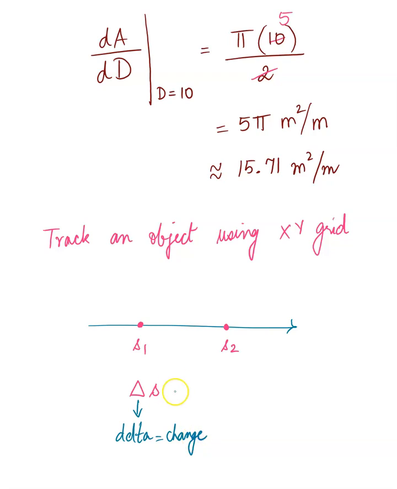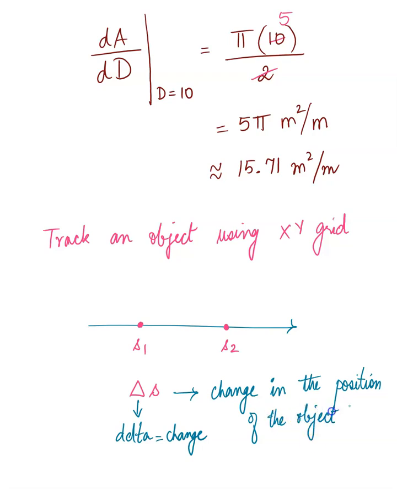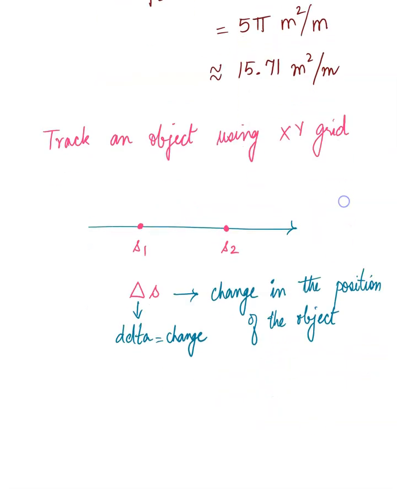Here this means change in the position of the object with respect to time, of course, right? But right now we're only talking about the change in the position. It changed from the position at S1 to the position at S2.